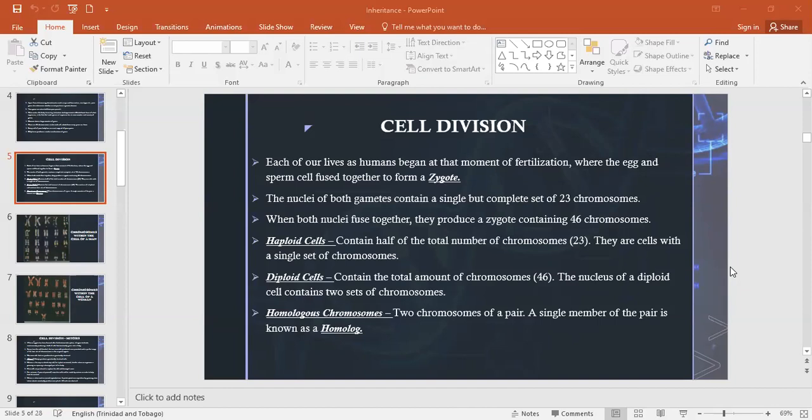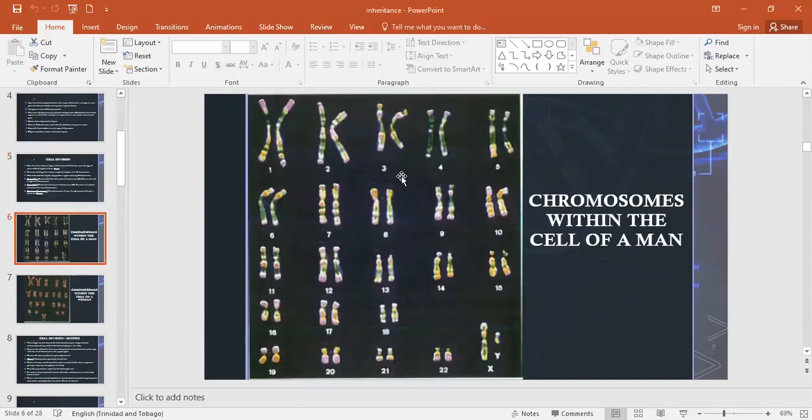So look at it here. These are the 46 chromosomes that make up the cells within a man. As you can see, the X and the Y chromosome here is the sex gene. But notice each of these, you have two of them.